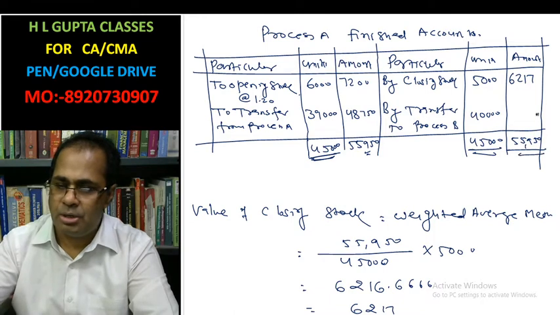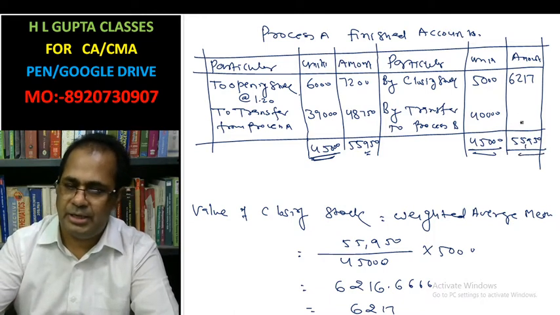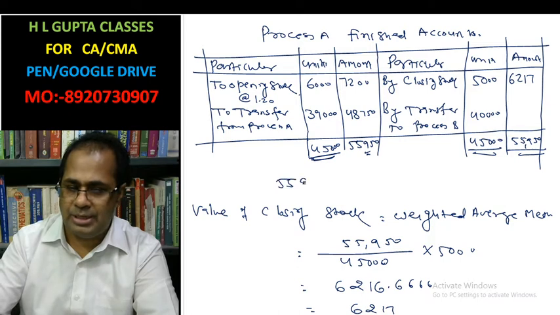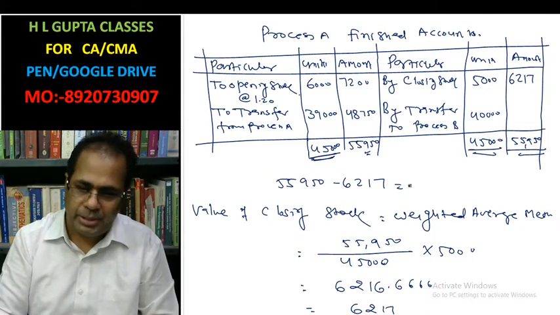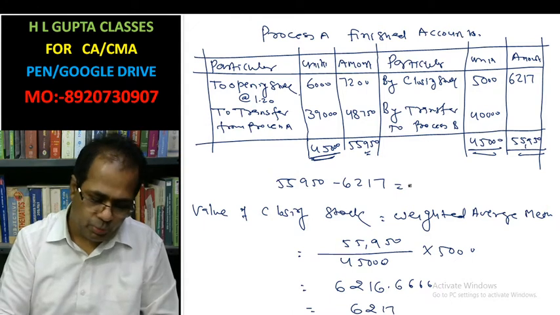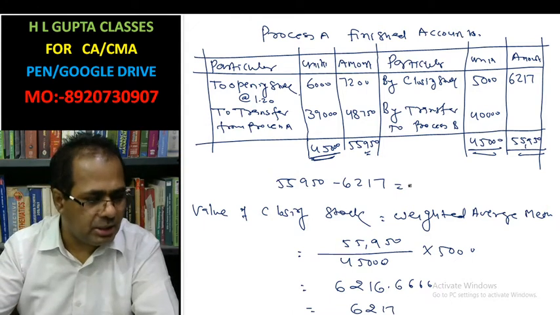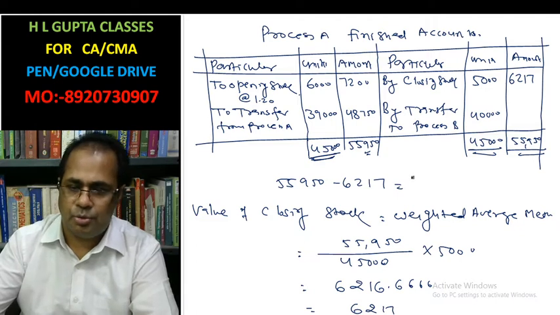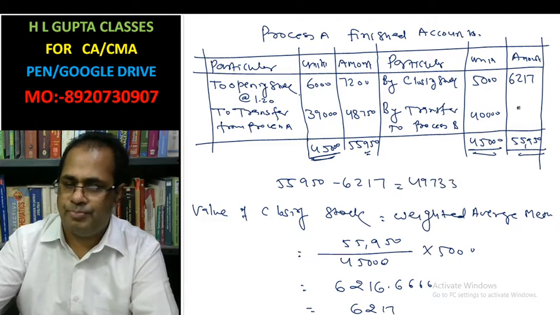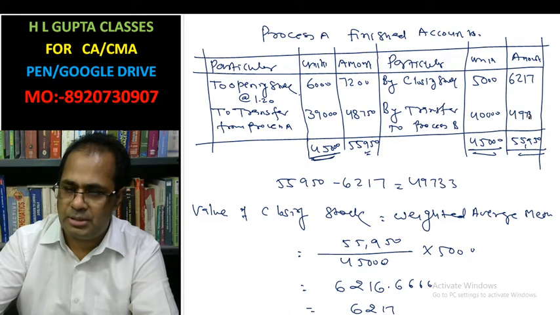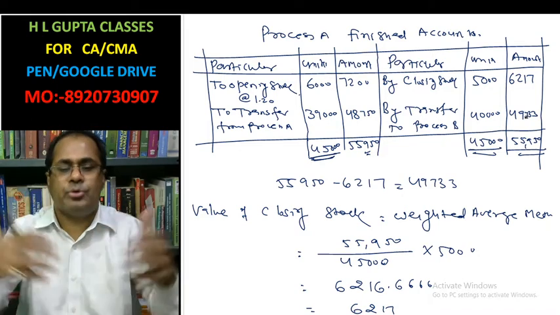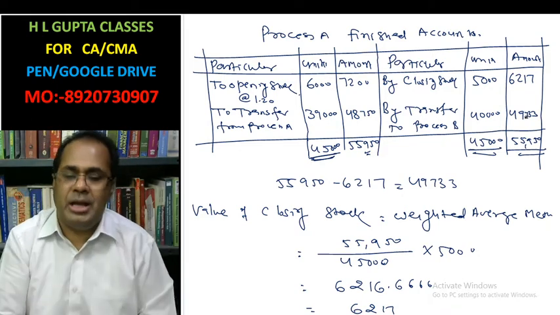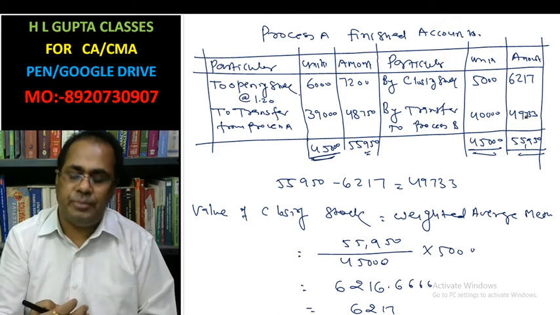And what will be the difference of these two is written here. 55,950 minus 6,217. This is 49,733. This is written here. Okay. Now exactly same process we have to do for process account B and process account B finished goods.